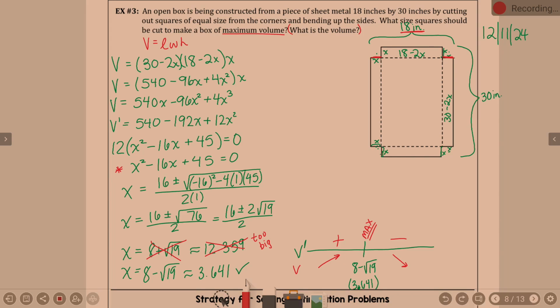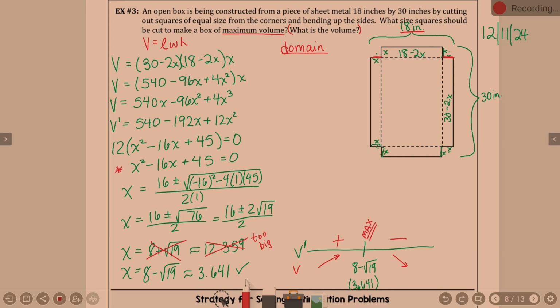Now, one thing we didn't talk about, and I probably should have talked about after we found our x values, is that in a scenario like this, you do need to consider domain, what are the possible x's we can use. Could x be negative? No, because it's a length.